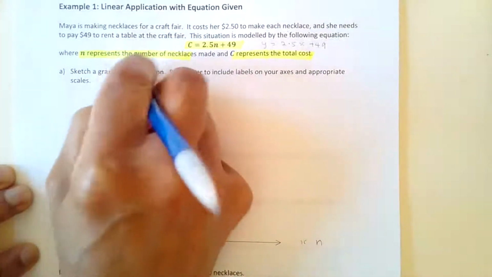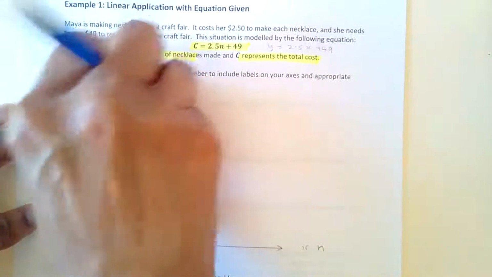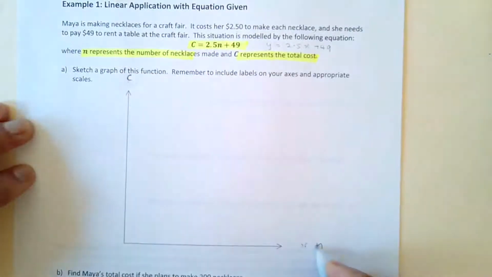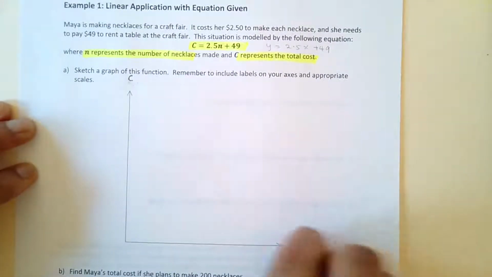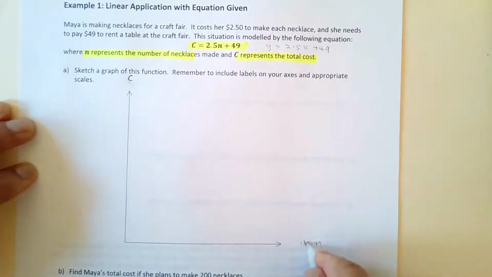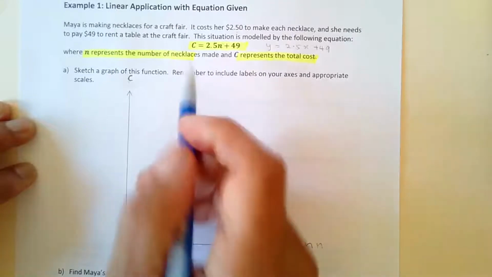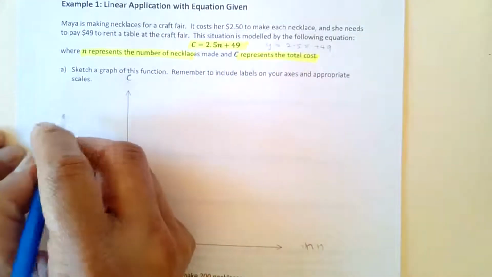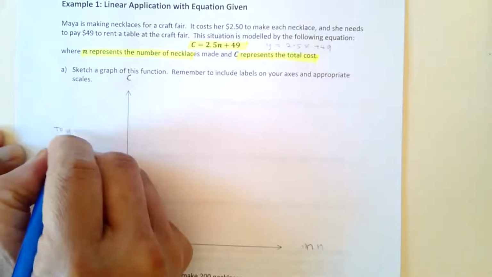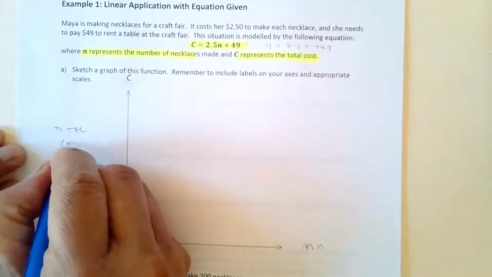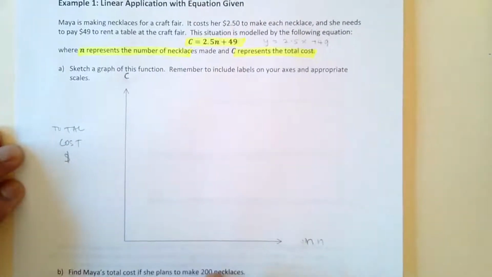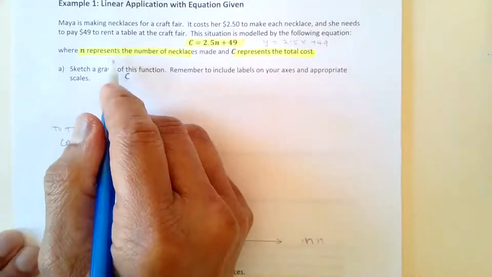This is the easiest way of understanding where you will put your x and y. So C represents cost, here we have total cost in dollars, and n represents the number of necklaces.